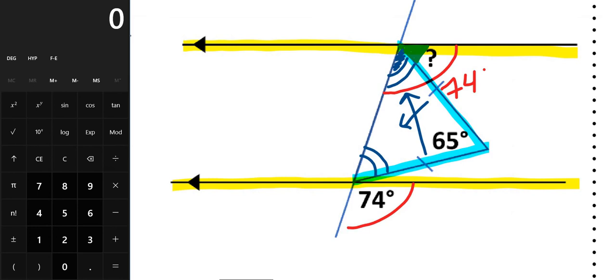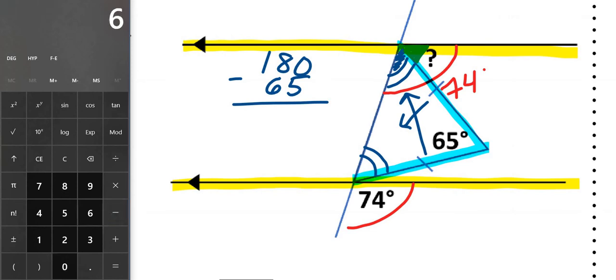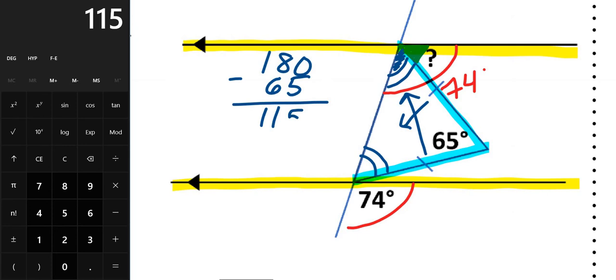Since in a triangle everything adds up to 180, I'm going to do 180 minus the 65-degree vertex. In my calculator, 180 minus 65. I'm left with 115 degrees for both angles together, the 2 congruent angles together. To find just one of them, I'm going to divide the 115 by 2 to figure out what each one is.